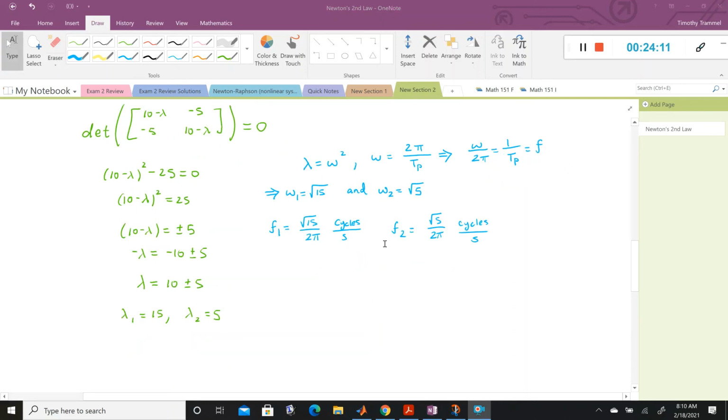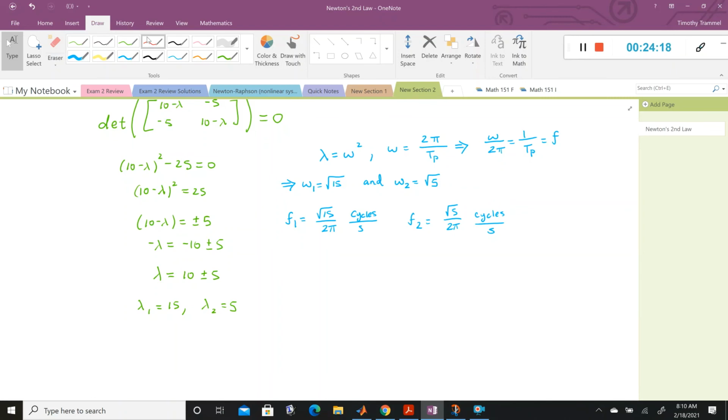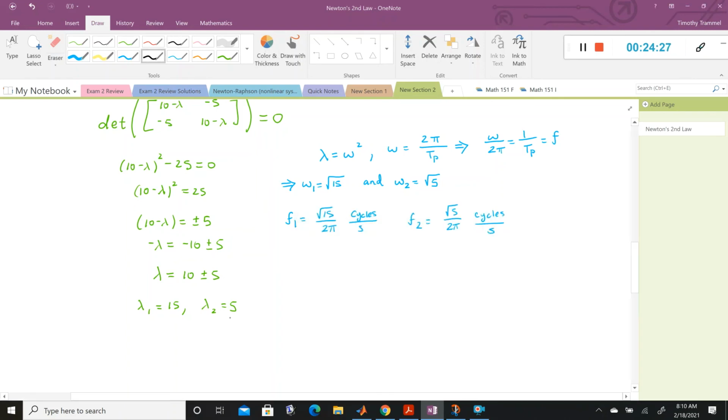Next, let's go ahead and find the eigenvectors and see what they tell us. To find the eigenvectors, we would want to take that A minus lambda I and plug in these lambdas. So let's maybe start off with the 15. For the 15, we'd be looking at 10 minus 15, so it's minus 5.